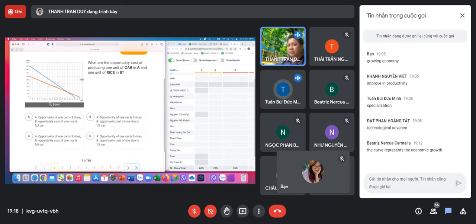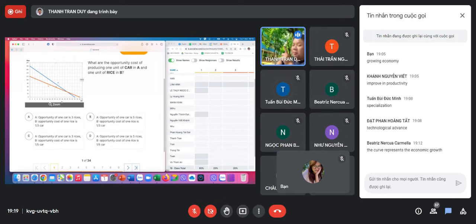So that is when you take 120 divided by 40. What is that number? 3, right? But what does that number mean? For one car you need 3 rice. One car is equal to 3 rice, right?